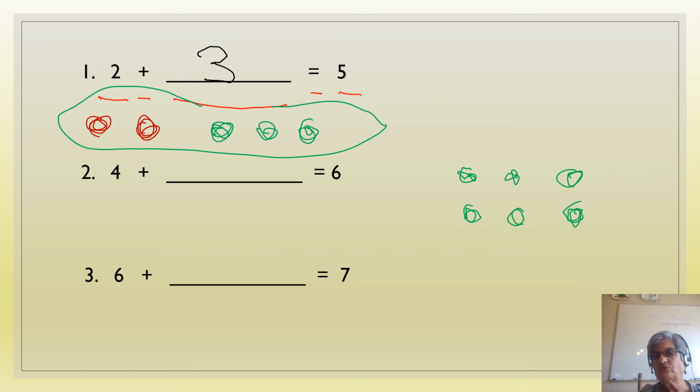We've already drawn 6 circles, but now I have to take away 4 because 4 was my first number. So I'm going to take another color, take another crayon, and you're going to cross out 4 of them. Let's go 1, 2, 3, 4.